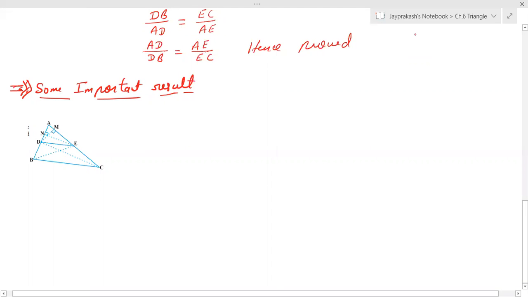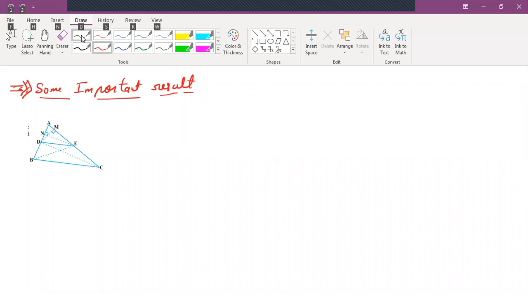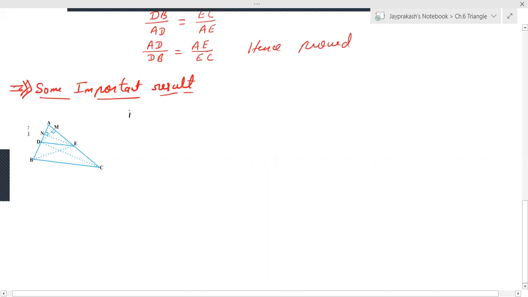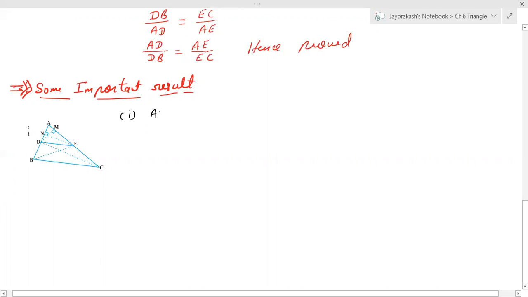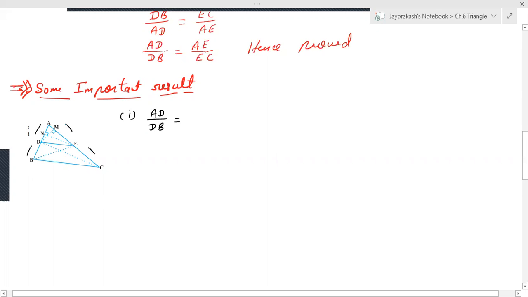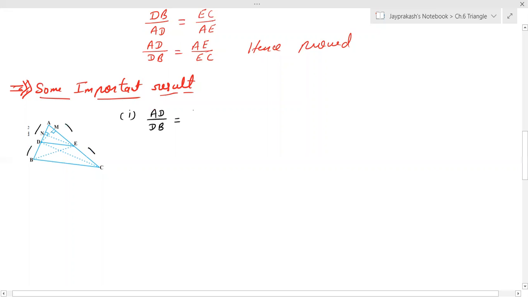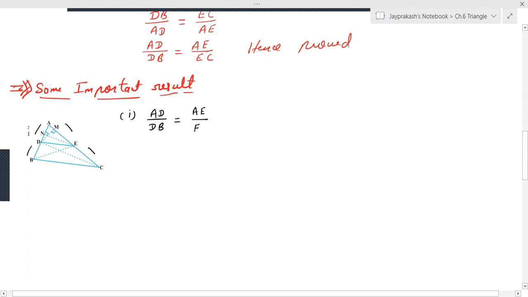Now let's see some important results of this theorem that we will use to find the missing side. As you know, we have already proved the first result, AD by DB, that is upper half upon lower half. In the same way, we take upper half upon lower half, so we are taking AE by EC.